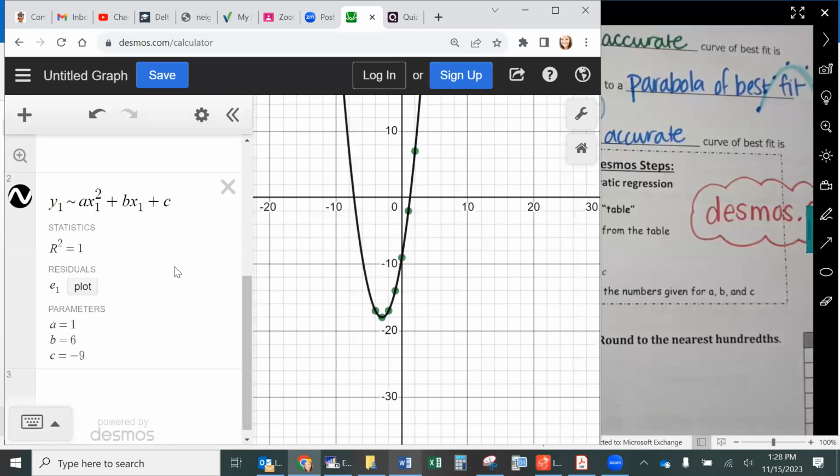Look at that on the side of my screen. This is what you're doing for quadratic regression. You're typing in a different equation, but other than that, it's the same process.